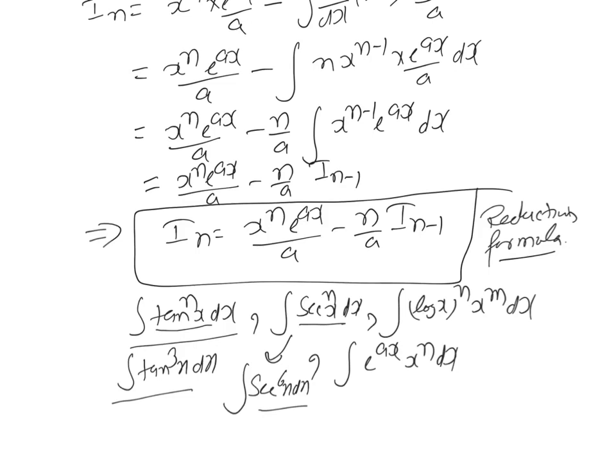We also found the value of these two integrals based upon their reduction formulae. That highlights the importance of the reduction formula, that a complicated integral can easily be solved with the help of its reduction formula.